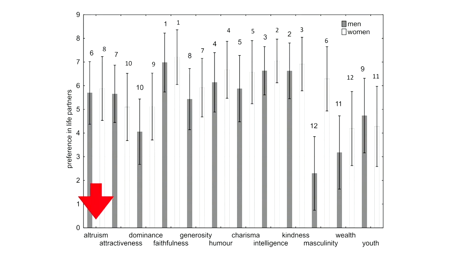Let's say we looked at altruism. The dark line represents the degree to which men prefer that particular characteristic, and you see the white line representing how women perceive that. And as you go through each one of these, you see that there are certainly differences between what men and women are looking for in those areas.